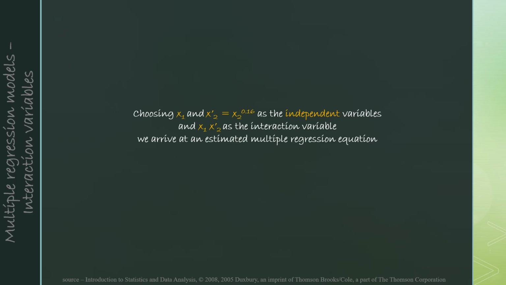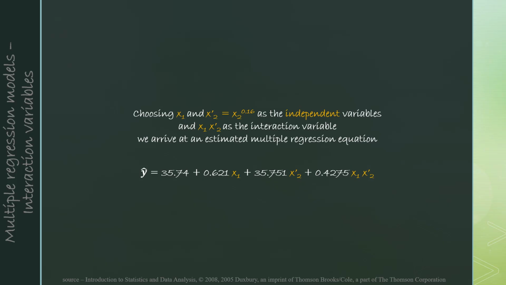we arrive at an estimated multiple regression equation after feeding the sample data to any commonly deployed regression analysis software tool, as in y hat equals 35.74 plus 0.621 multiplied by x1 plus 35.751 multiplied by x2 dash plus 0.4275 multiplied by x1 multiplied by x2 dash.